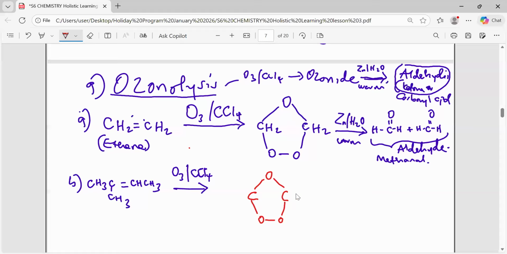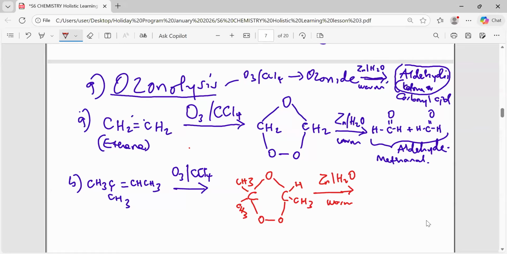So this one is attached to a hydrogen. Actually, you can even say a hydrogen and a CH3. Are you seeing? Then this one is attached to two methyl groups, a methyl group and also a methyl group. Have you seen? Yes, teacher. Then when we put in zinc and water and warm, which products are we going to form?